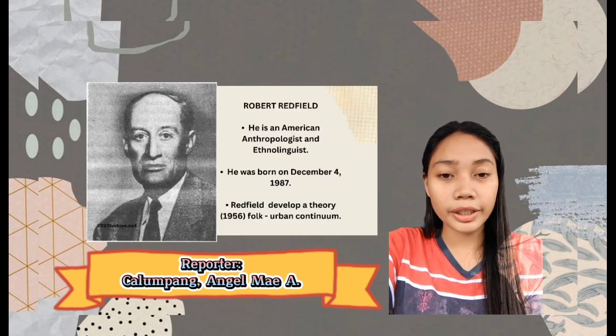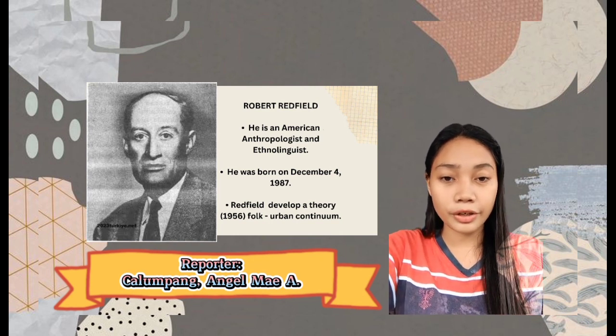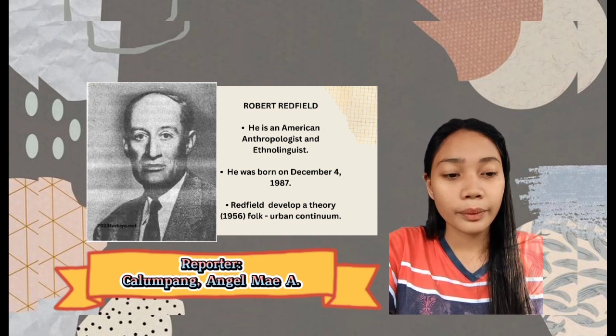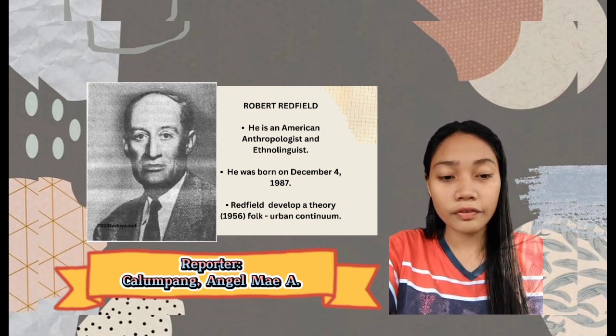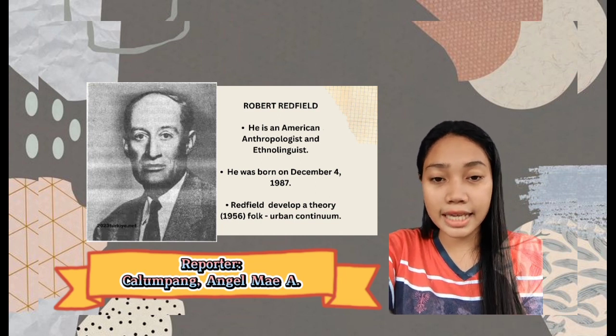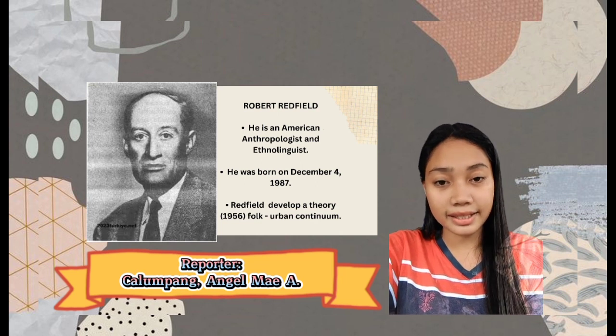Redfield does not only propose the concept of the folk-urban continuum, but he also characterized the traits of the societies, the differences between the folk society and the urban societies, which I mentioned a while ago.